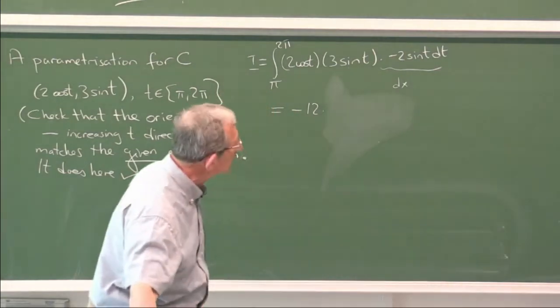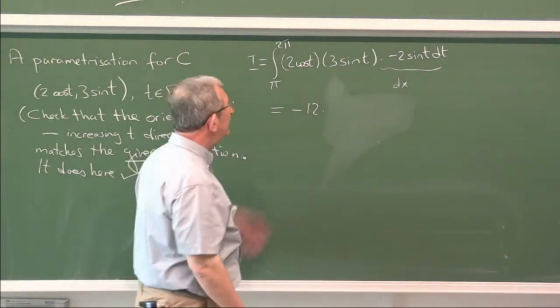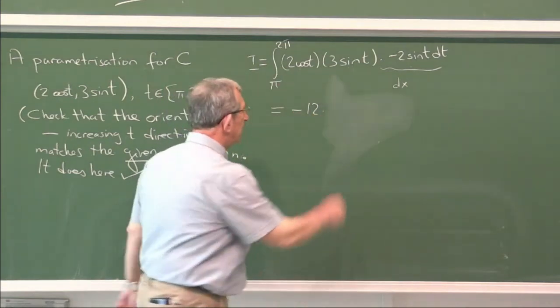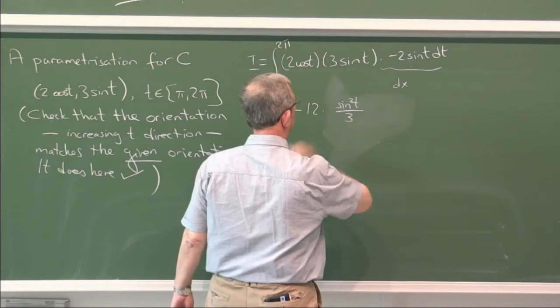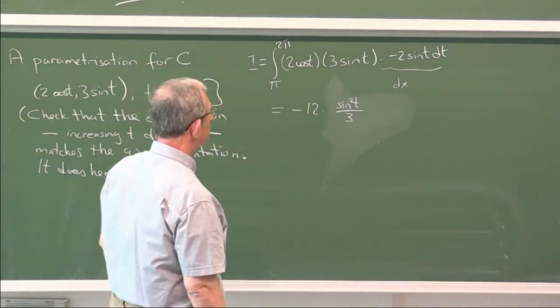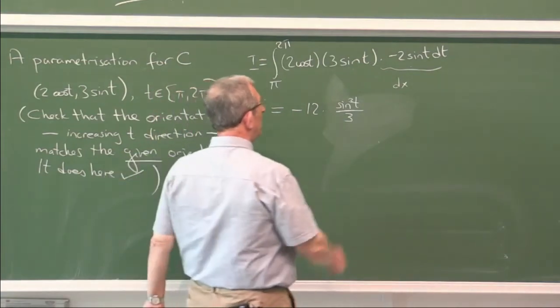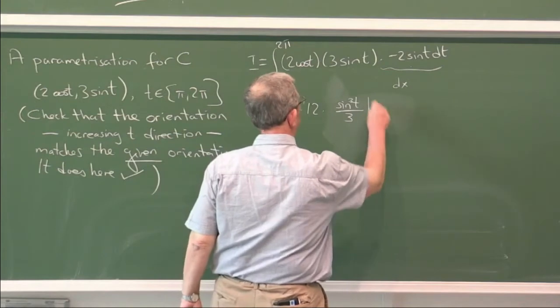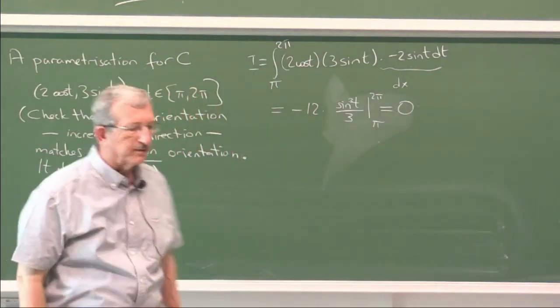That's easier than that. So it is sine squared t and cosine t. Cosine t is the derivative. So it is sine cube t over 3, from pi to 2 pi. So that gives us 0 at the end.